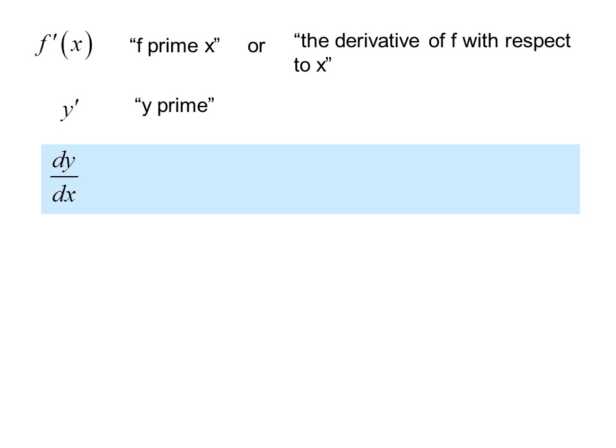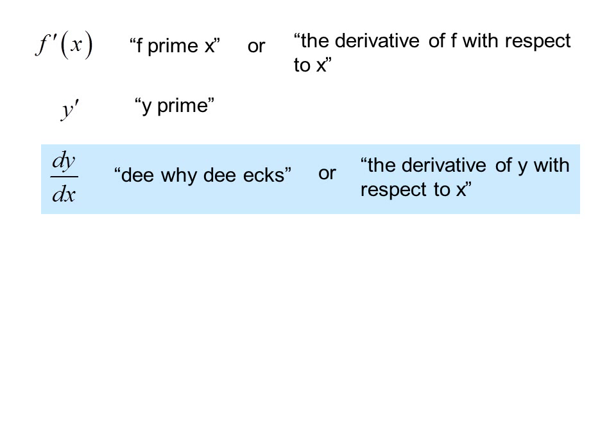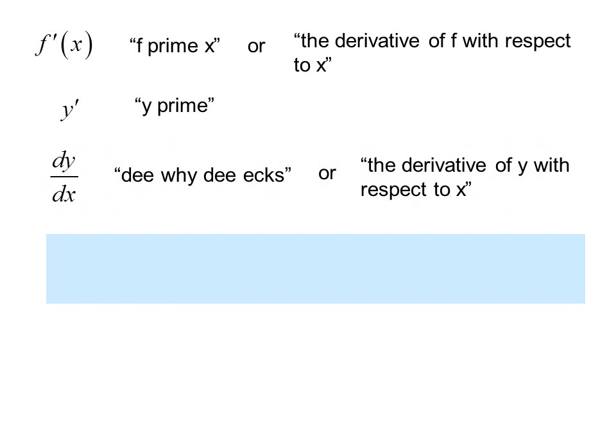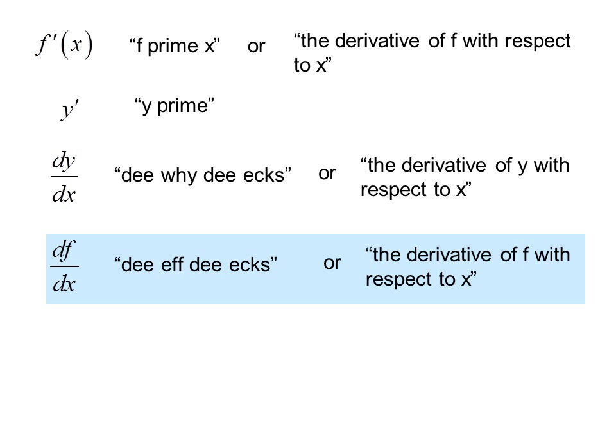Still another notation is dy dx, or the derivative of y with respect to x. Or we can write df dx, which is also read the derivative of f with respect to x.